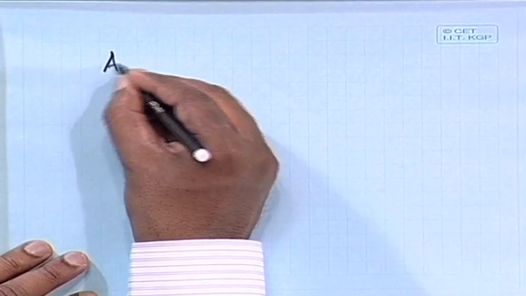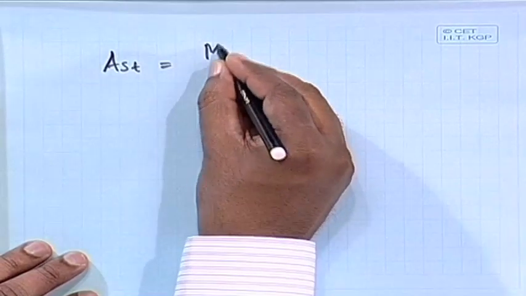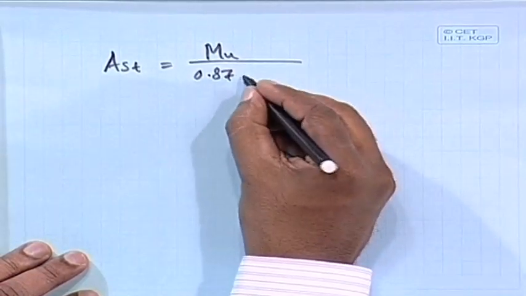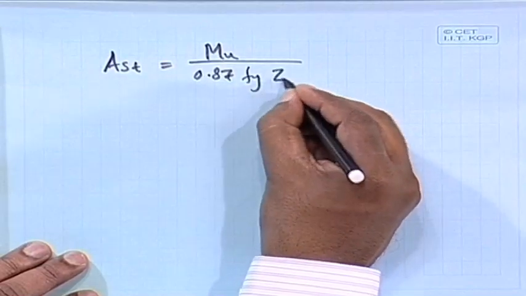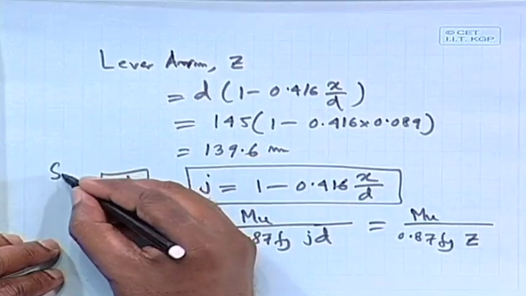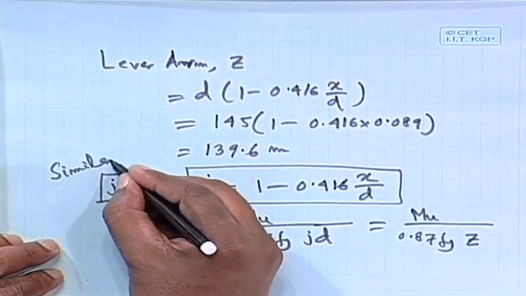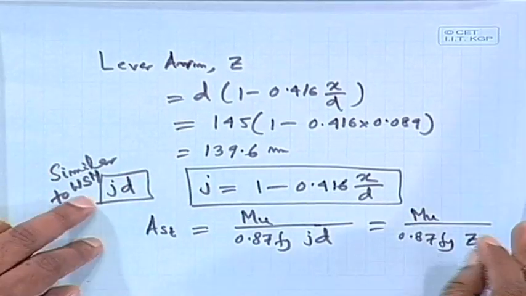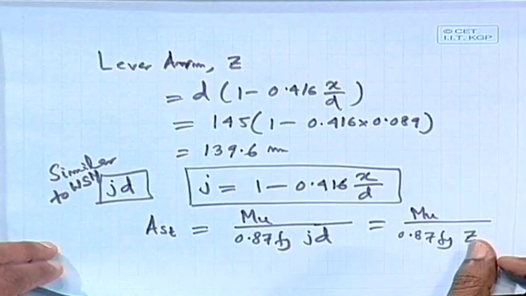So, here Ast equals Mu by 0.87 Fy Z. I think I should write this similar to the working stress method, so that JD I should write here.